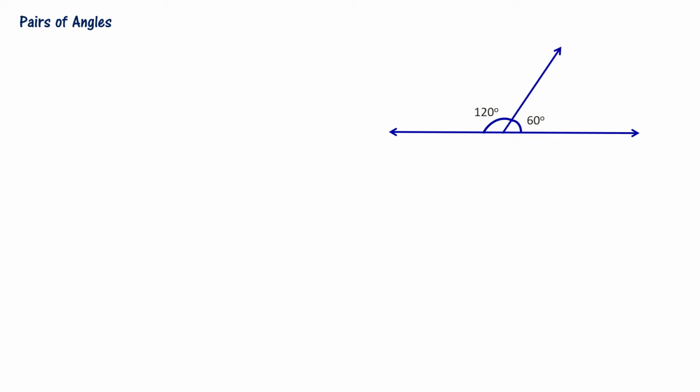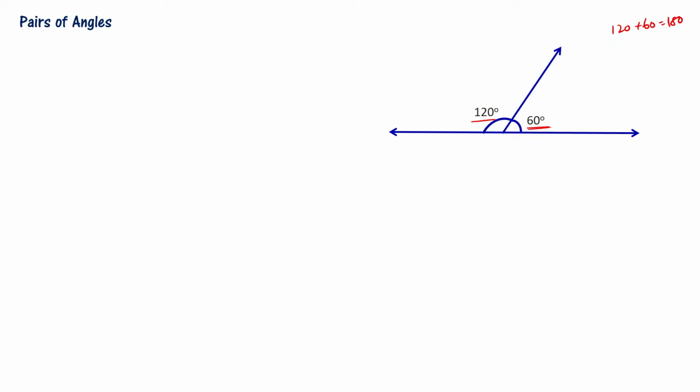Now let us look at this figure. Here you have two angles, 120 degrees and 60 degrees, right? We have seen already these angles are supplementary angles, right? 120 plus 60 is 180 degrees.